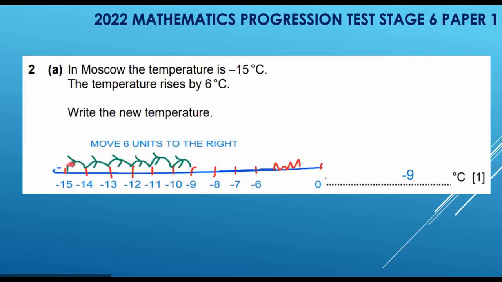From negative 15, we move 1, 2, 3, 4, 5, 6, and we stop at negative 9. That is how we got the answer negative 9. So negative 15 plus 6 equals negative 9.